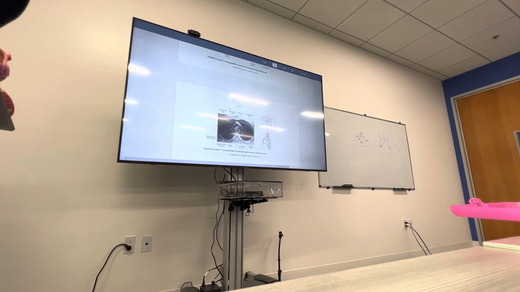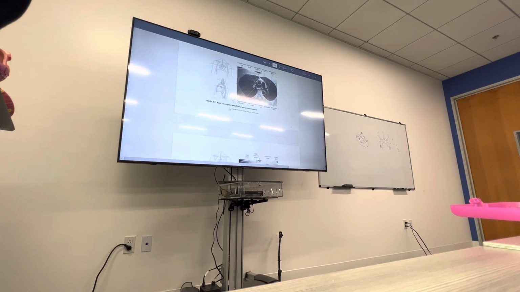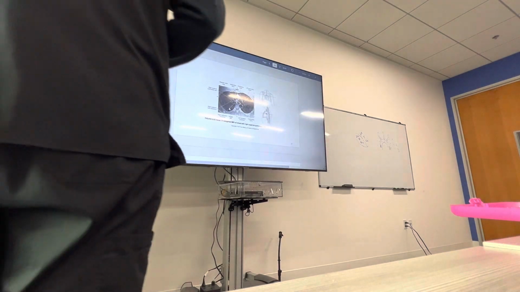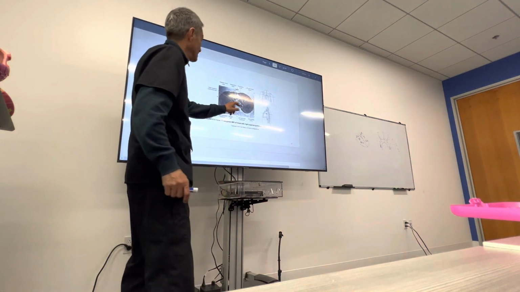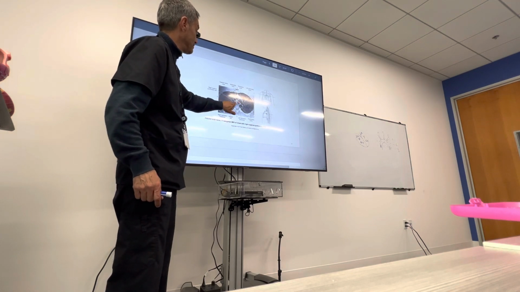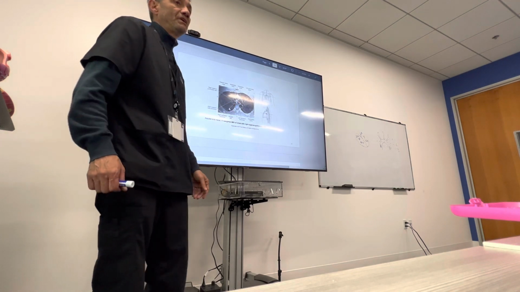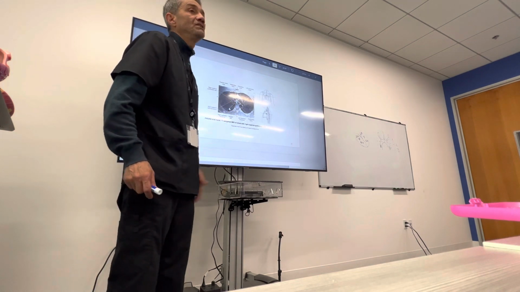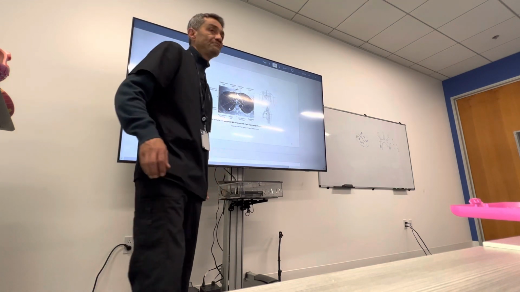You get the point? The pulmonary vessel and the bronchus are where? Behind, or posterior to, the superior vena cava.